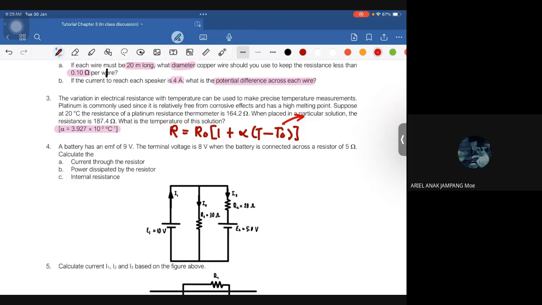This is known as the reference temperature. The reference temperature must be at 20 degree Celsius. So if you see 20 degree Celsius in a question, you take that as your T naught. The T here is basically just the temperature at the time that the question asks for.